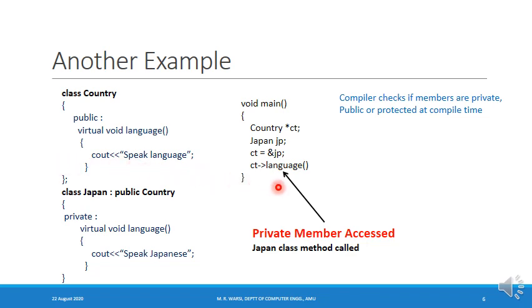So when I call this function, and it is a virtual function, it will be resolved at runtime, but at runtime I do not check whether this method is private, public or protected. So even though this method is being called with respect to the Japan object, and in the Japan class this method is defined to be private, I'll be able to call this method using dynamic binding.